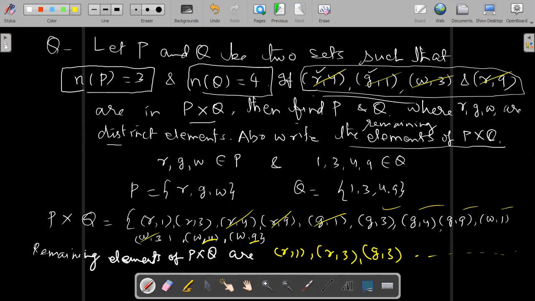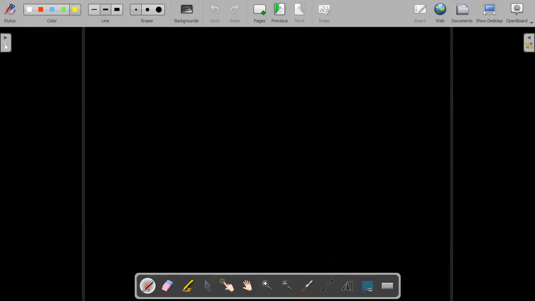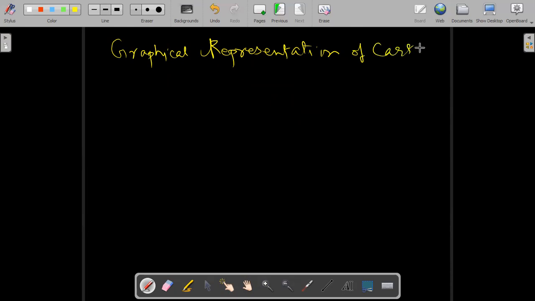Graph of the Cartesian product of two sets.